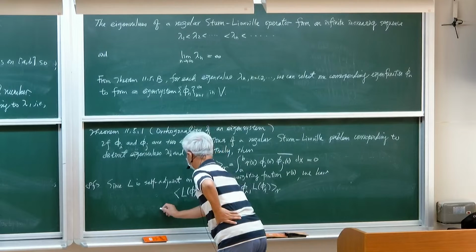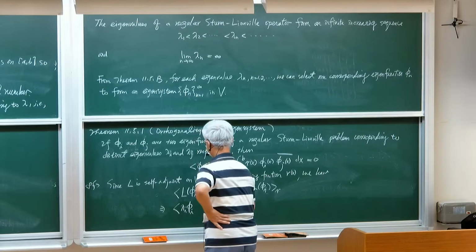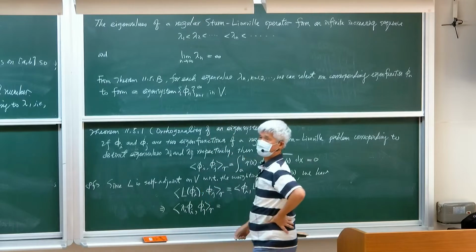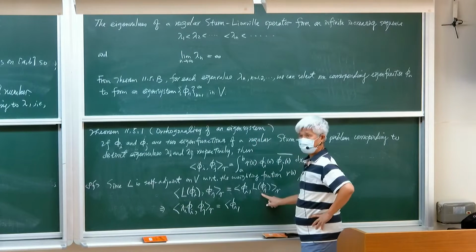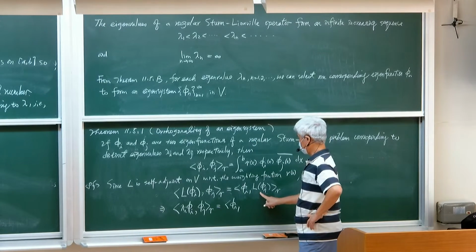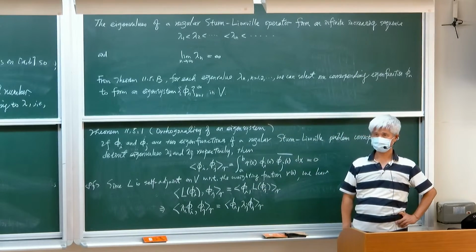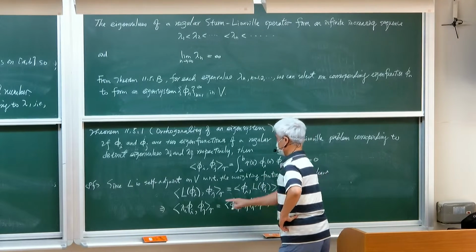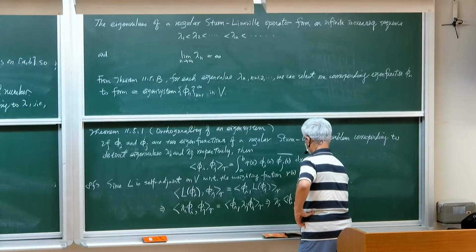Now, here this is lambda i, phi i, and phi j. And phi j is an eigenfunction corresponding to eigenvalue lambda j, so you have lambda j, phi j here. Now by linearity, we have lambda i for the first argument, phi i.